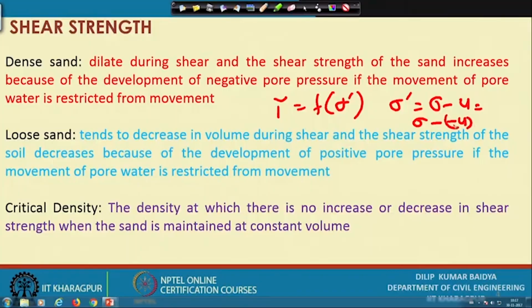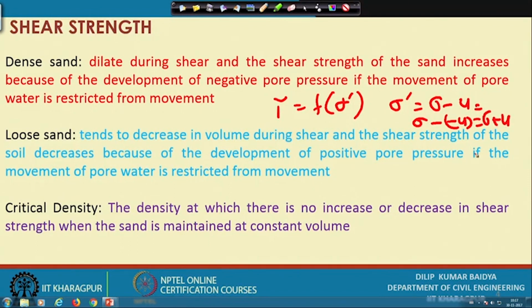Tau is a function of effective stress, and effective stress is sigma minus u, but because u is negative, it becomes sigma plus u.